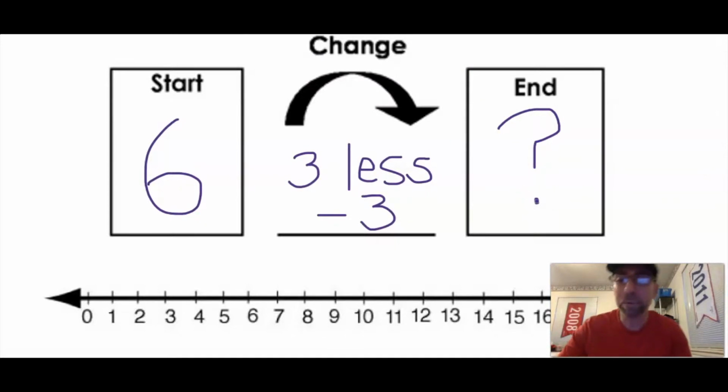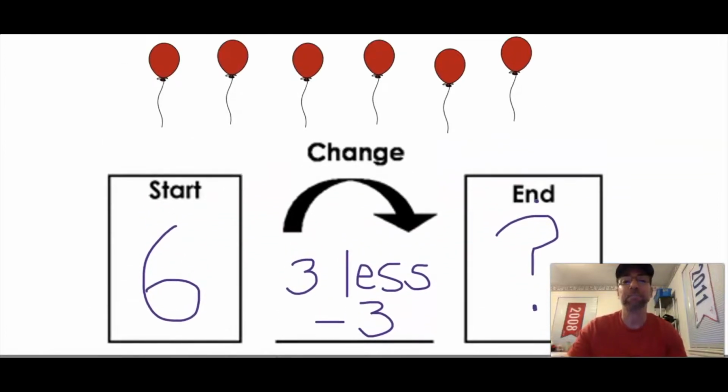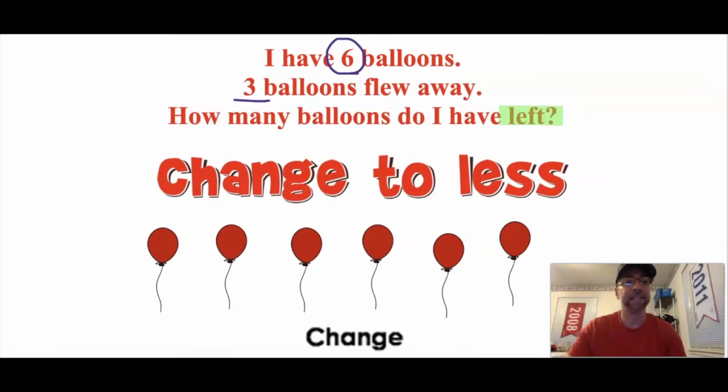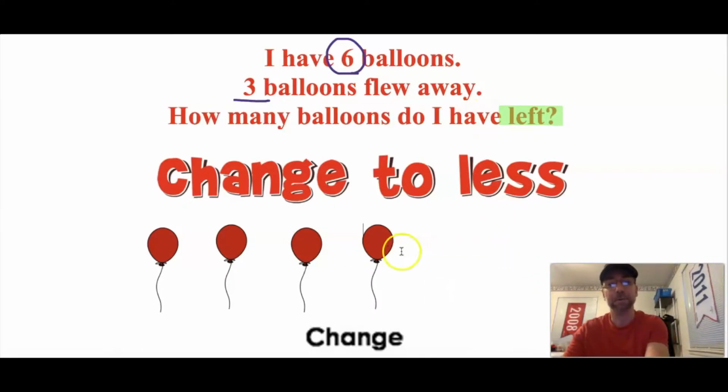We don't know yet. So whenever we don't know, we put in that question mark. Now there's a couple ways I can solve this. I can use my picture. I can use a number line. So let's start with our picture. Here are my balloons. I have 6 balloons. 1, 2, 3, 4, 5, 6. 3 balloons flew away. 1, 2, 3.